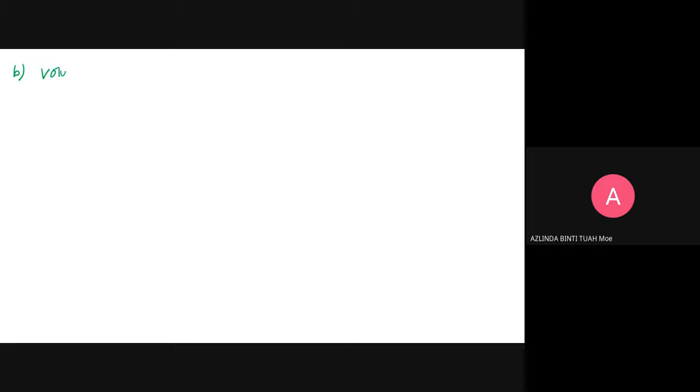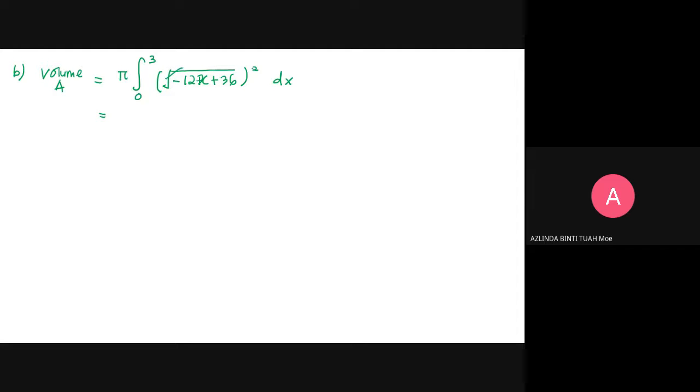The volume of A is equal to pi, using the same limits 0 to 3, of the square root of negative 12x plus 36, squared. Make sure you simplify first before you integrate.